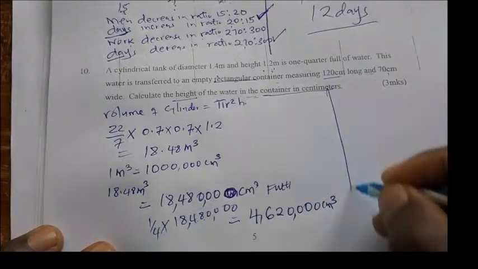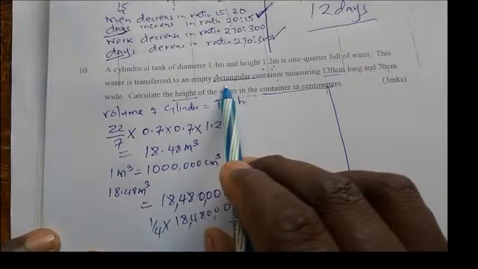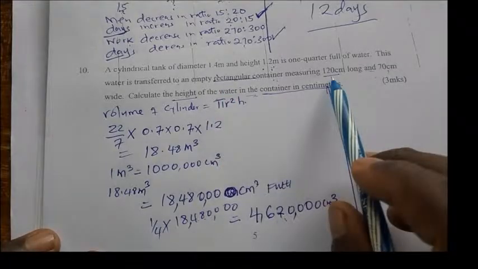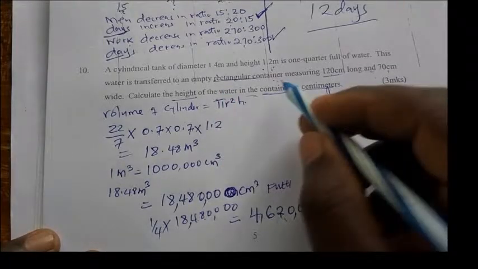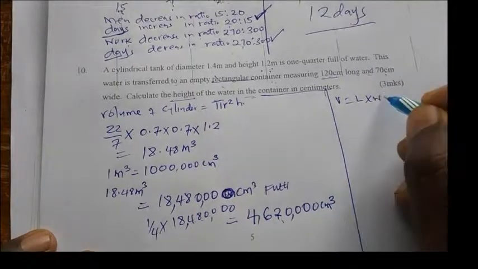Now, this water which was in the cylinder was transported to an empty rectangular container. But we know if it is a rectangular container, then volume is equal to length times width times height.